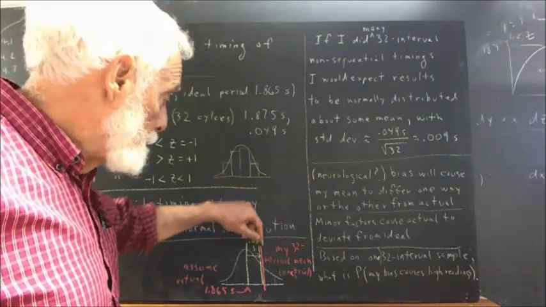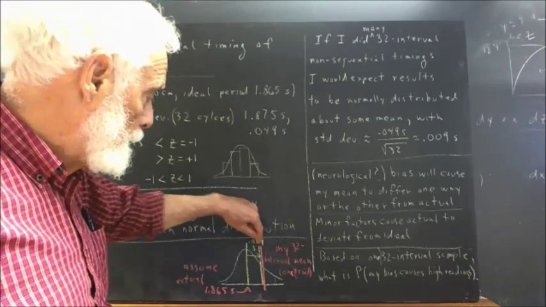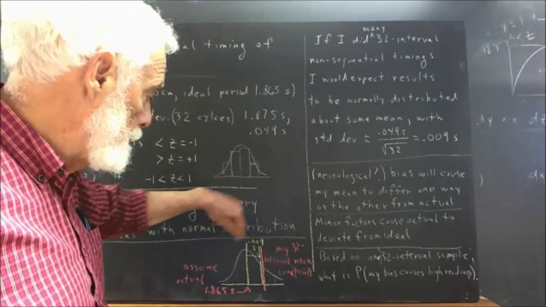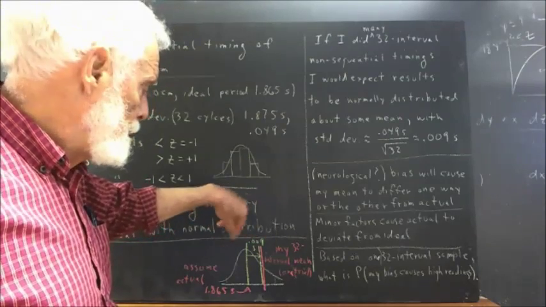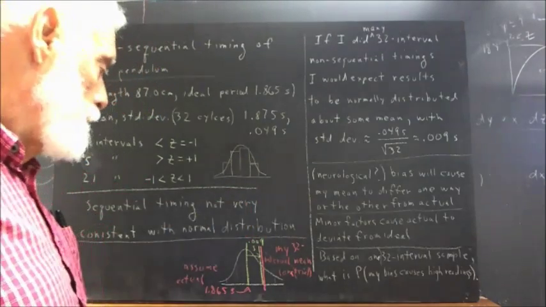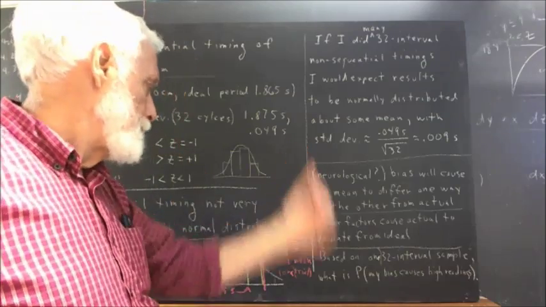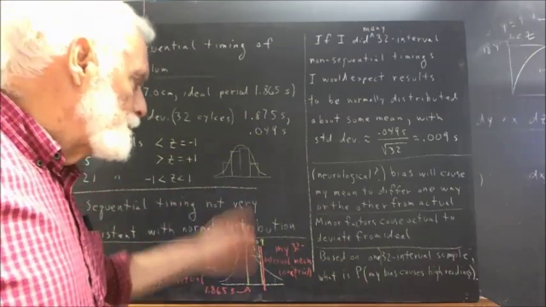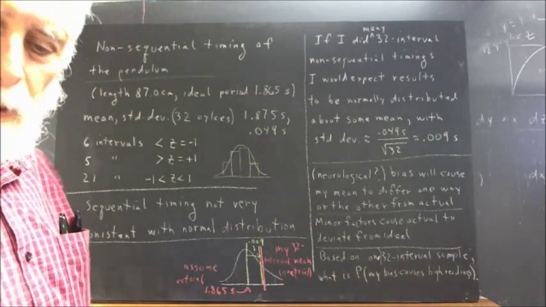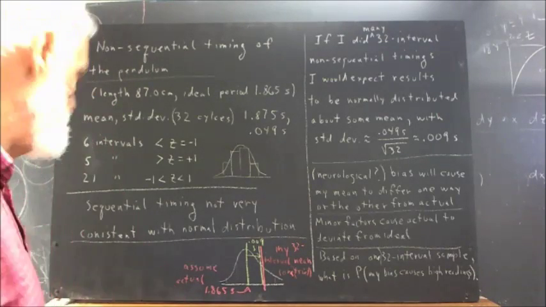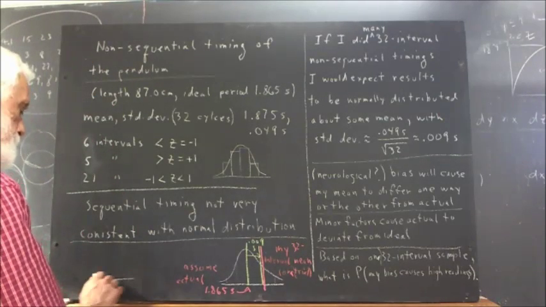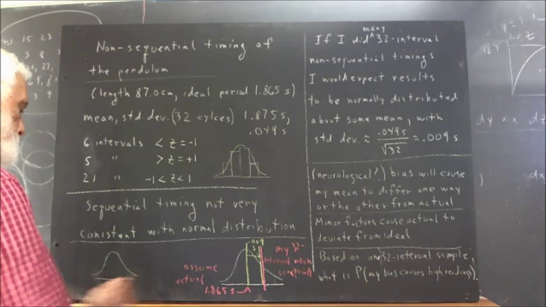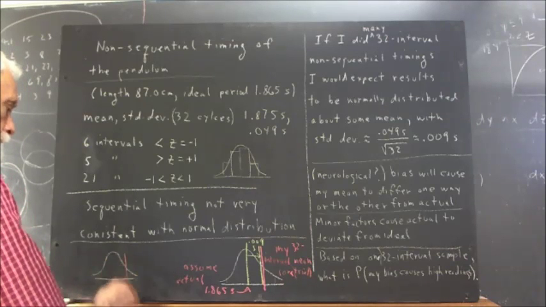And on a number of 32 interval trials, I might fall here, I might fall here, here, okay, somewhere close to the mean. On the other hand, inherent bias says that if I did this many, many times, if I had many, many 32 trial timings, I could fall out here.